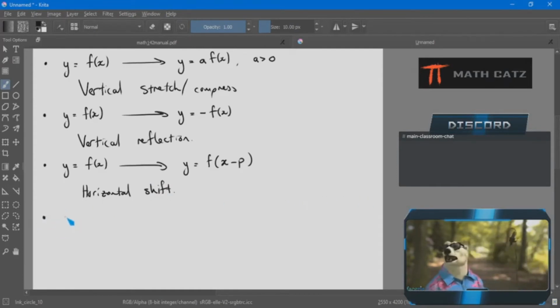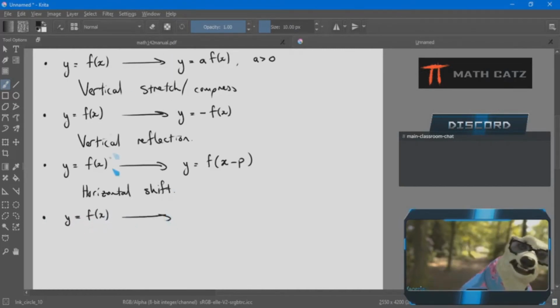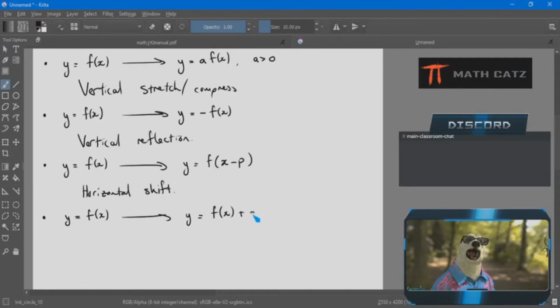And the one that I find is the safest to leave to the end, these first three can all be flipped around. I find it a little bit safer if I leave this transformation to the end. So I keep the right-hand side, and I'm going to add or subtract, depending on the value of q, a number.